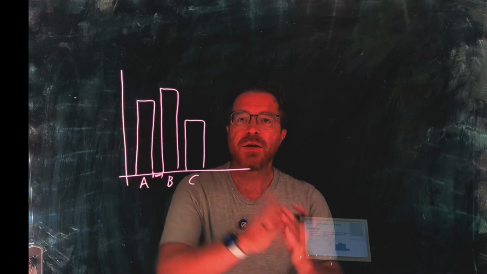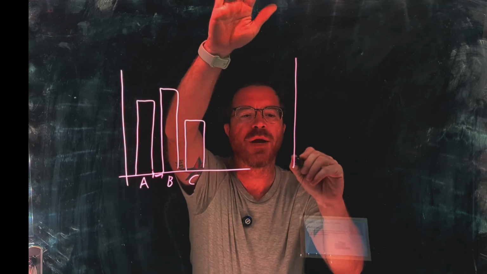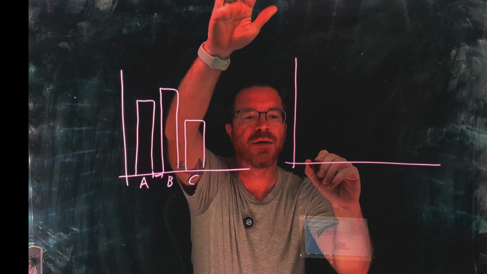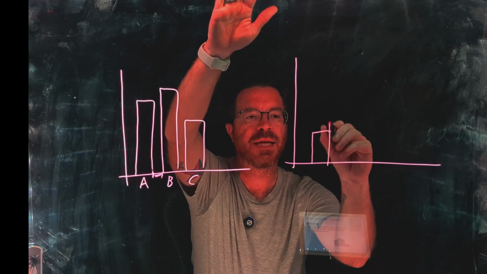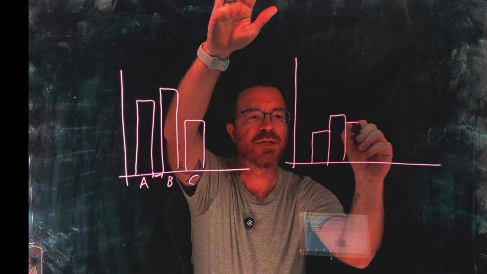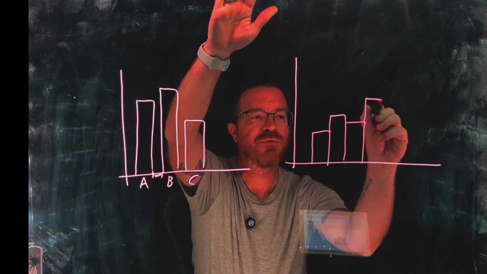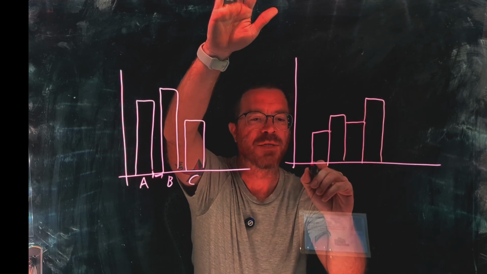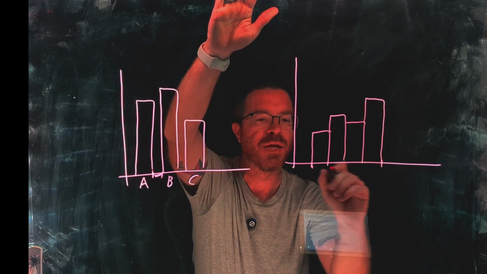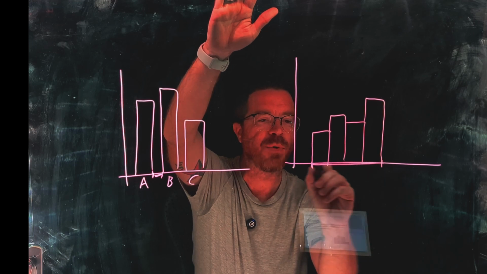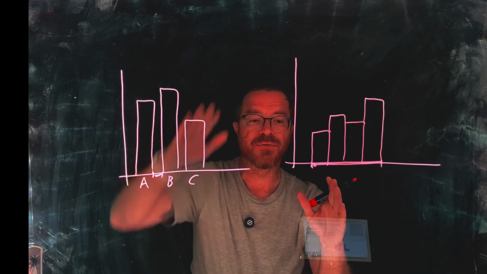Histograms, on the other hand, are going to be graphs where there is no space on our interval. So it'd be something like this. And this means that you could actually think of this as an interval of data from some starting point to some ending point, where any data point in between has somewhere that it could fall.